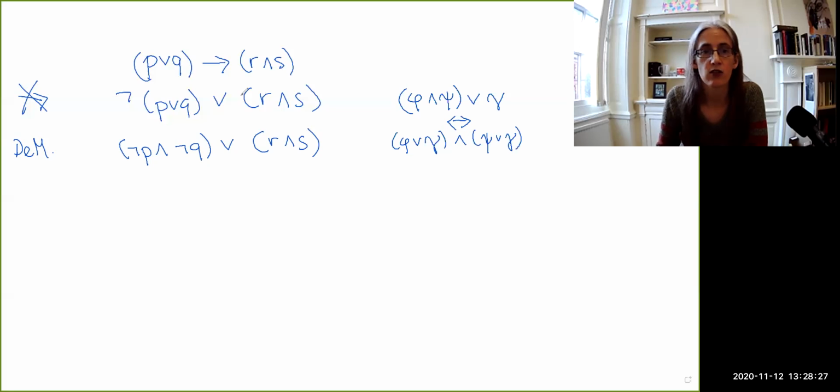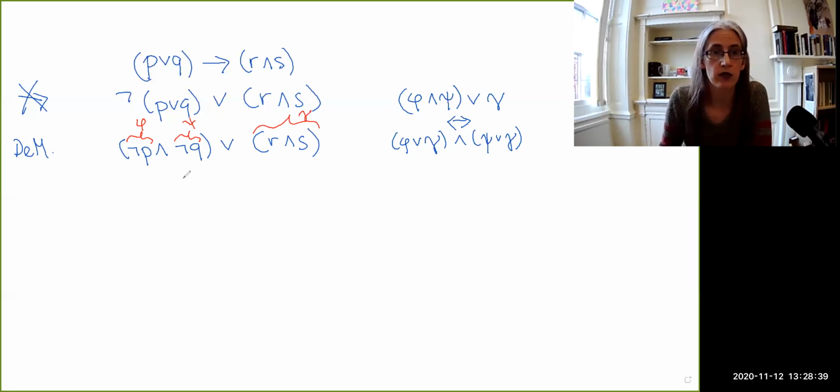So just so that you can follow along, not P is our phi, not Q is our psi, and R and S is our gamma. So we do the first distribution, and what we get is not P or R and S, and second distribution, not Q or R and S.